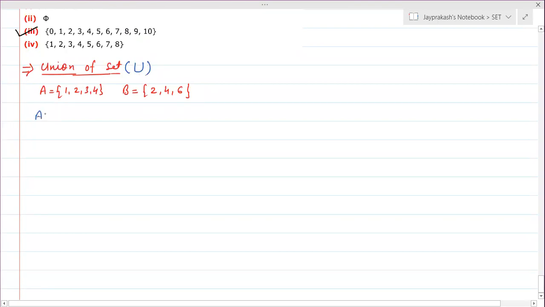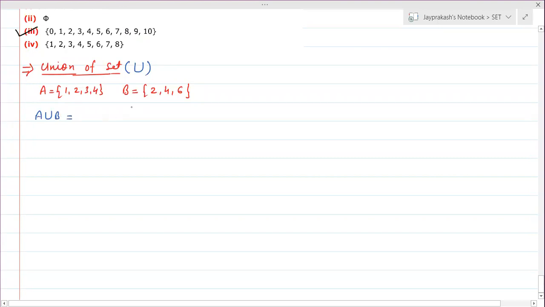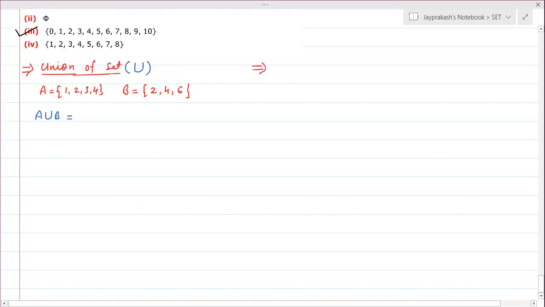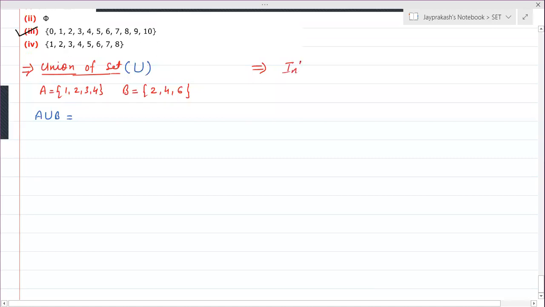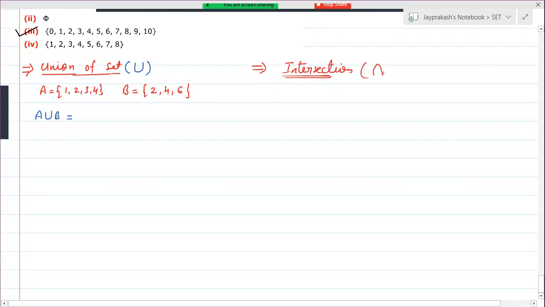And the next one is intersection. For the intersection, we will use this symbol.